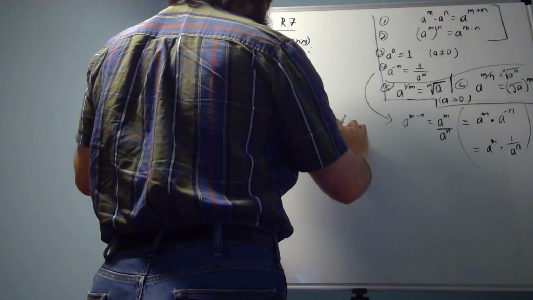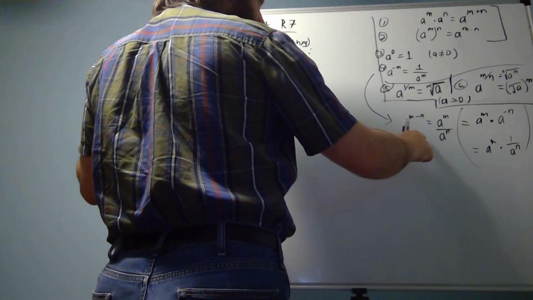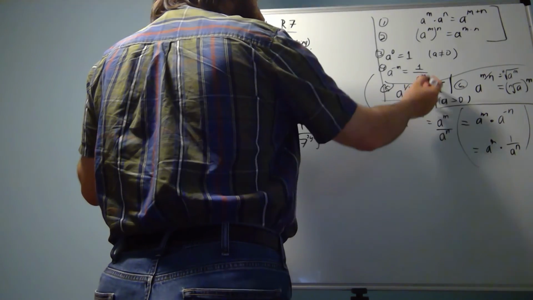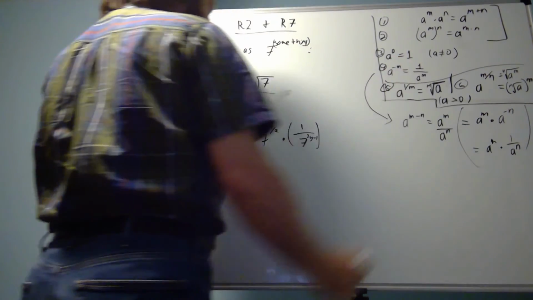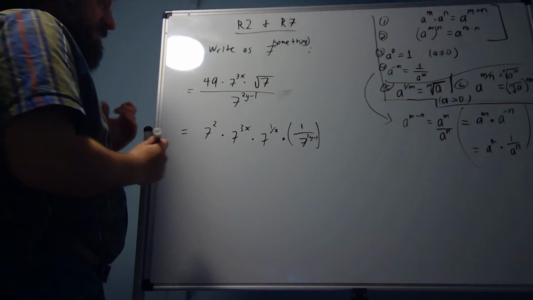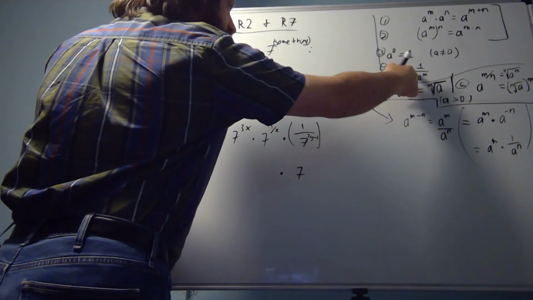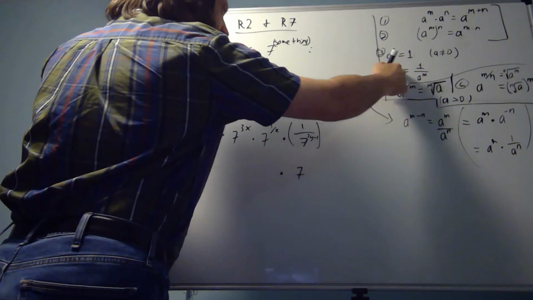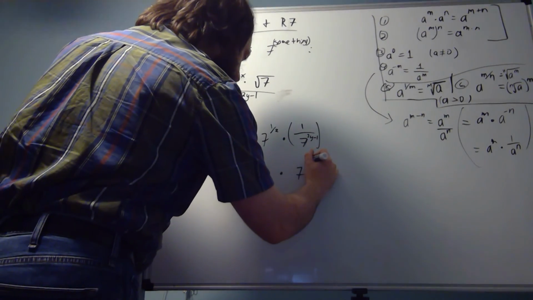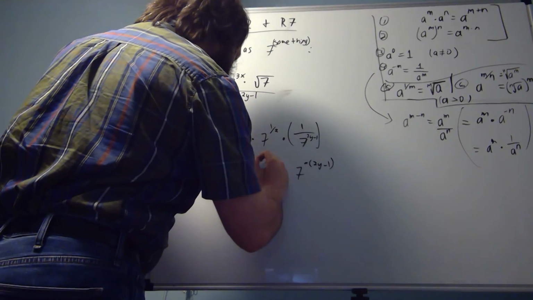Basically, if it's in the denominator, I can flip it to the numerator by number 4, but I have to take the negative of the exponent. So this last one, I'm dividing by a to some power, but then I can write this as you just take the negative of that exponent.